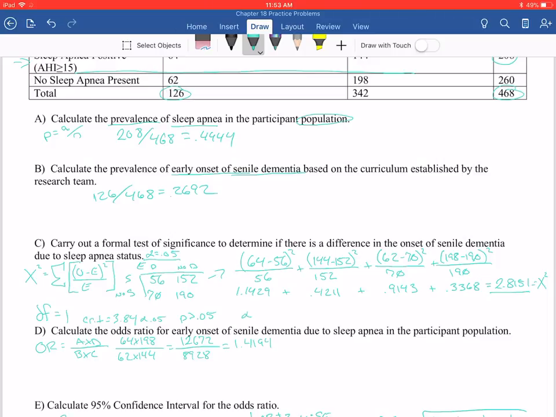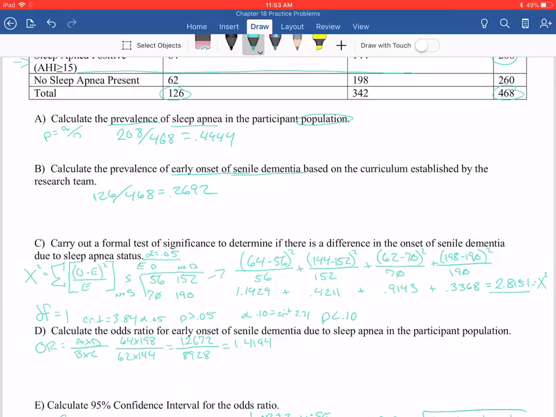If you were to go down to the next one, if you looked at alpha level of 0.10, it's 2.71. So at 0.1 alpha level, our critical value would be 2.71, and we see that our value is greater than 2.71, so our p-value is going to be less than 0.10.